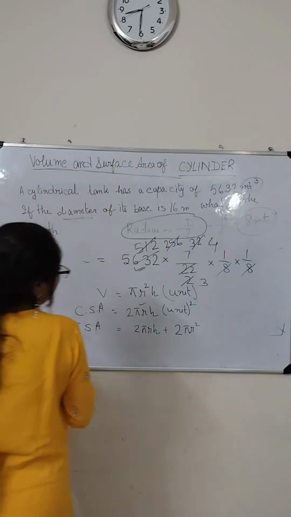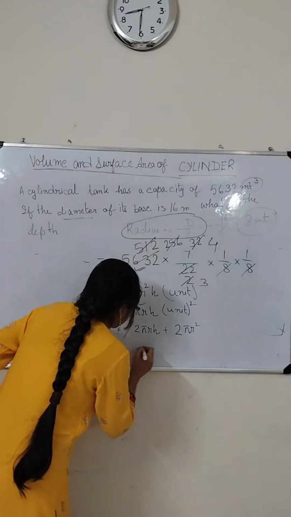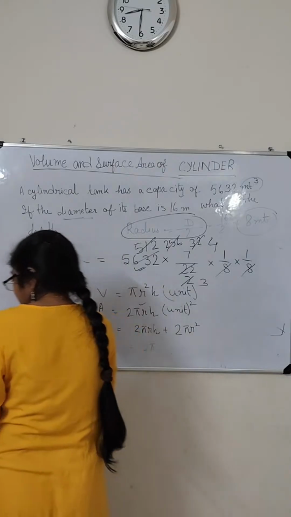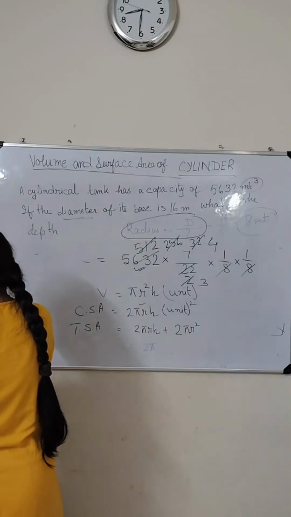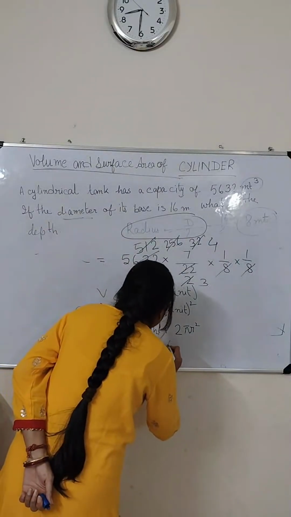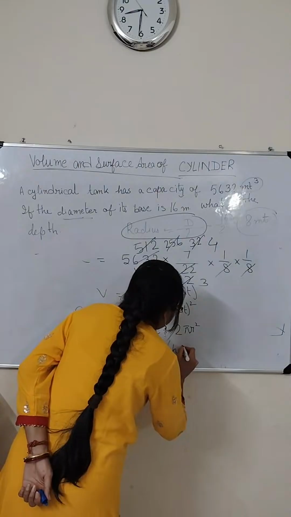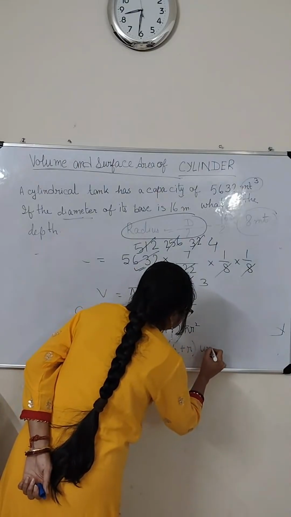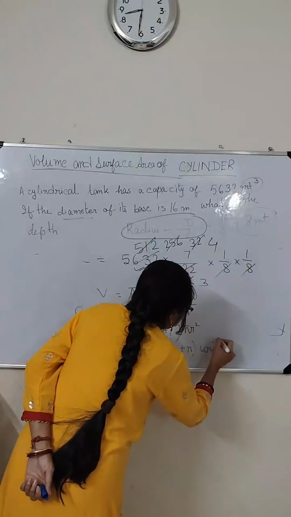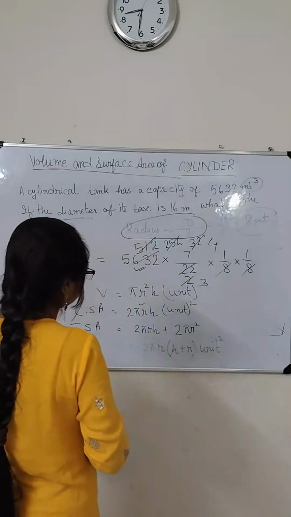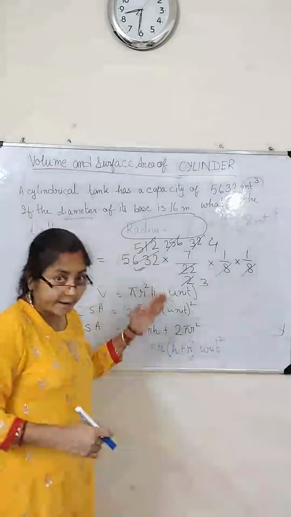Here I take common, so I take 2 pi r common: 2 pi r times h plus r, unit square. Okay, why did I break it?